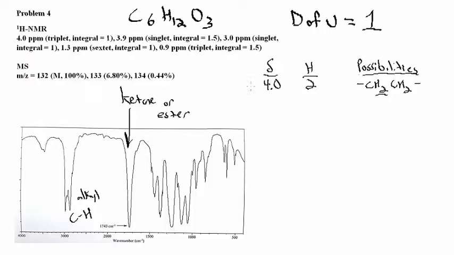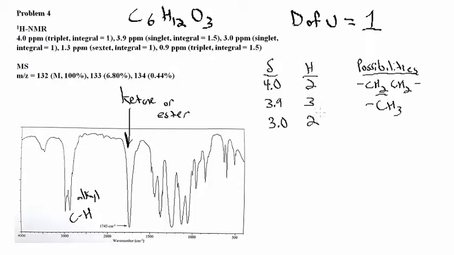So let's move on to the peak at 3.9 ppm. This is an integral of 1.5, so multiply that by 2, and we get 3 hydrogens here. The most likely scenario is that we have a terminal CH3 group. If we then look at the one at 3.0 ppm, we have a singlet with an integral of 1, so that means that we have, again, 2 hydrogens.